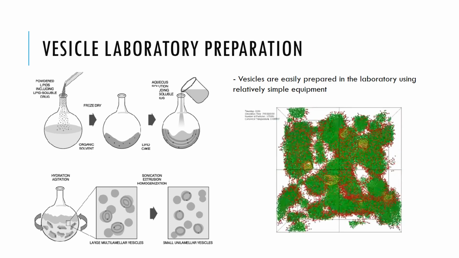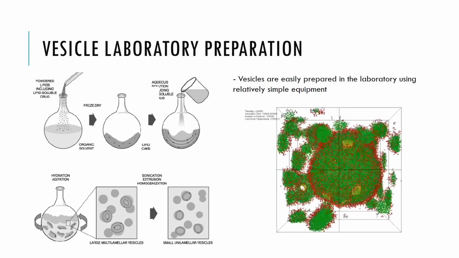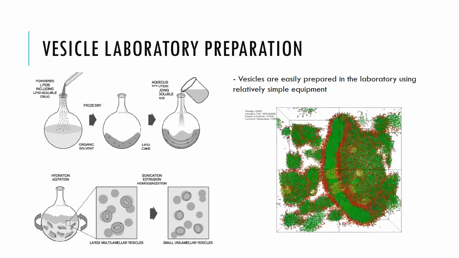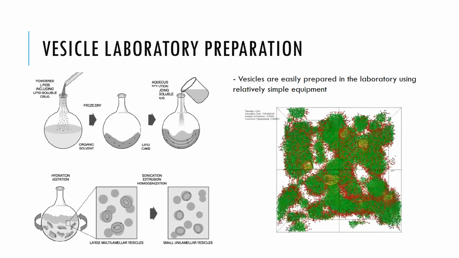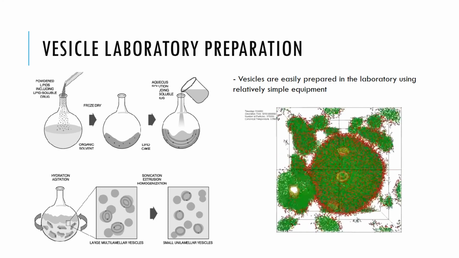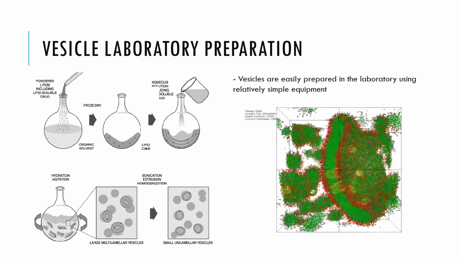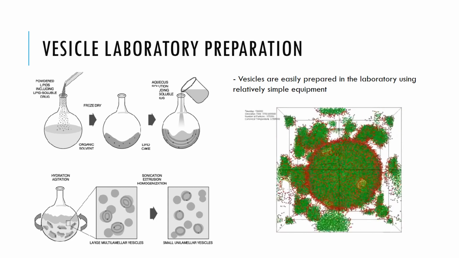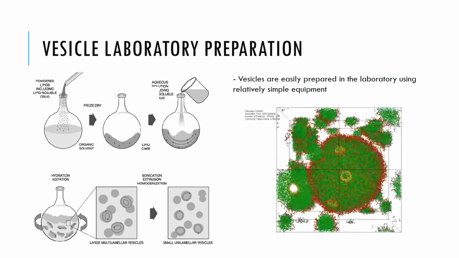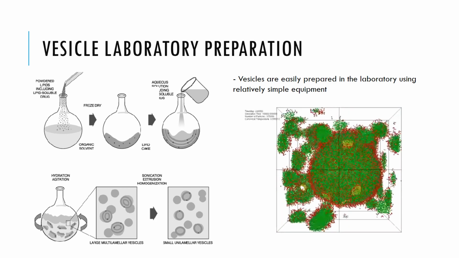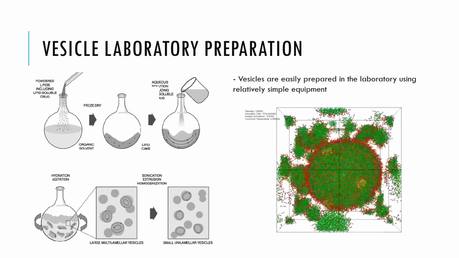There's a really cool schematic on the right hand side of this slide that shows how phospholipids self-assemble into a vesicle. That's a molecular dynamics computational study. But they're very easily prepared in the laboratory. What you do is you take your powdered lipids and dissolve them in an organic solvent, usually chloroform. You remove all of the organic solvent, so you have a lipid film left on your round bottom flask.